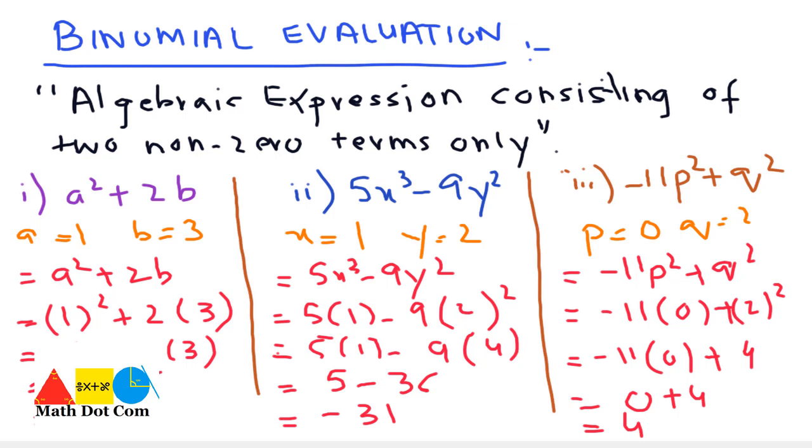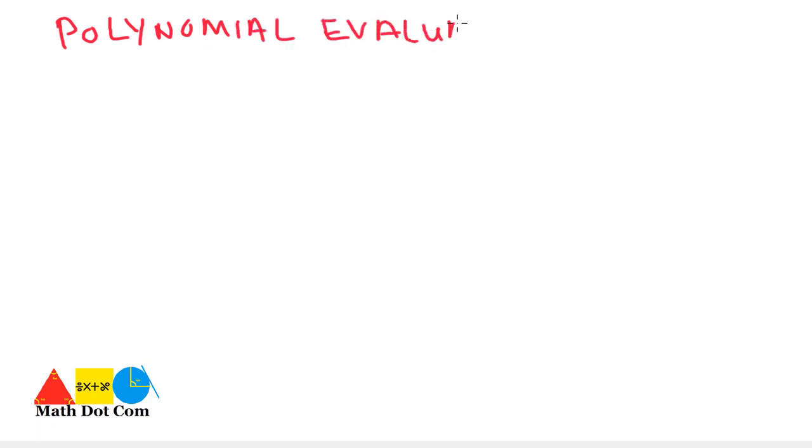Okay. Now we move towards the last type of expression, that is polynomial evaluation. Means how we can evaluate a polynomial expression. Now what is a polynomial expression?